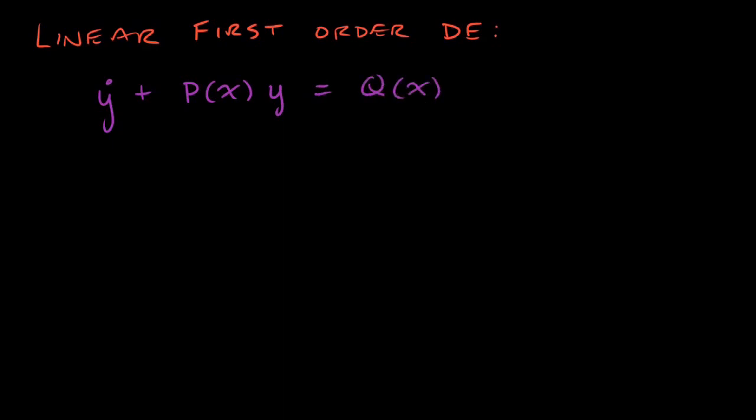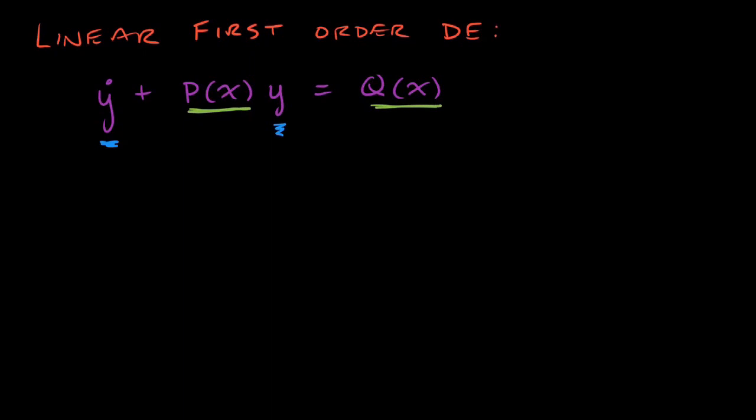Now all of a sudden there's a lot more going on here. But really this isn't very scary. So what we have here is, again, the first derivative of y, and we have y itself here. So y appears at most as a first derivative, so this is a first-order differential equation. And then I have these other terms here. So I've got this p of x here and q of x over here.